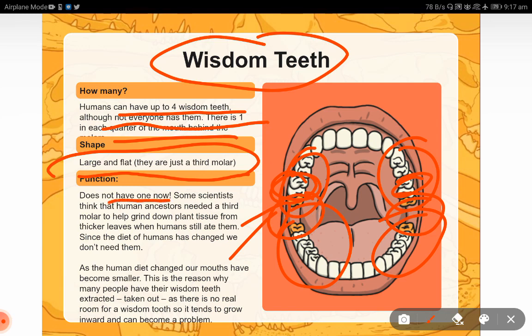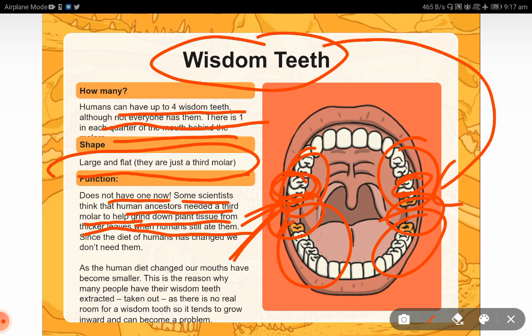Nowadays they do not have any function, but why are they then in our mouth? Some scientists believe that human ancestors needed a third molar to help grind down plant tissues from thicker leaves when humans still ate them. Back in the early days, humans needed extra power to eat plant tissues, and they extracted this power from a third molar, in the form of what we now call wisdom teeth.